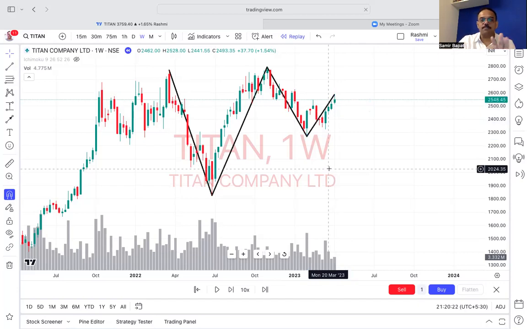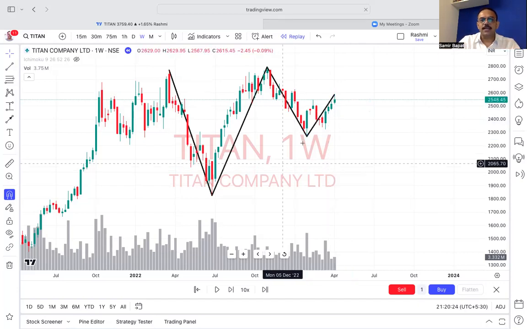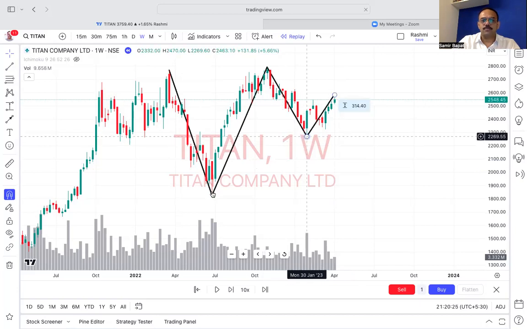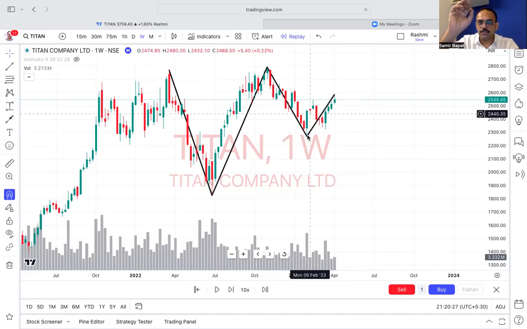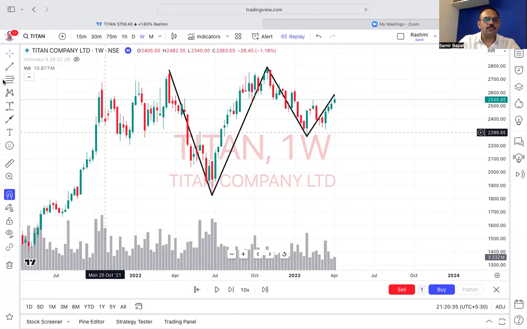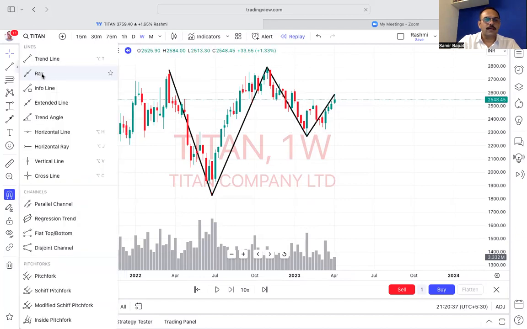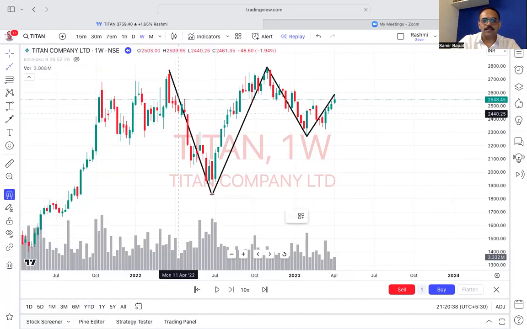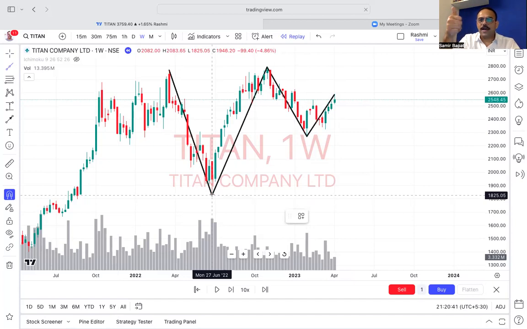It is under formation. But for me, if I get two bottoms, what I want is two lows, and at this level I can identify two lows, right? So for my triangle formation, my requirement was higher lows, correct?